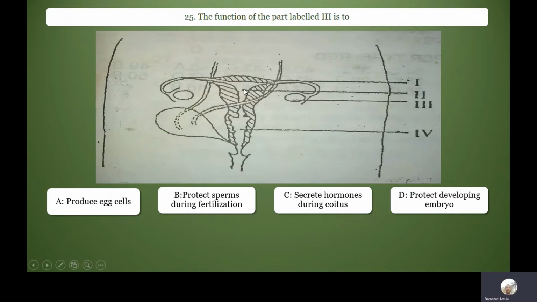II is the uterus. III, Roman numeral 3, is the ovary, and IV, Roman numeral 4, is the vagina. So the part labeled III is for production of egg cells. The correct option is A.